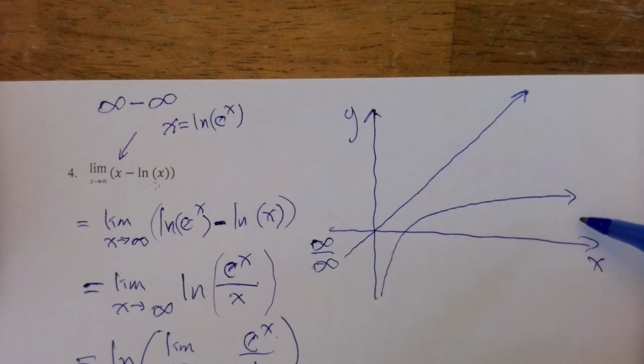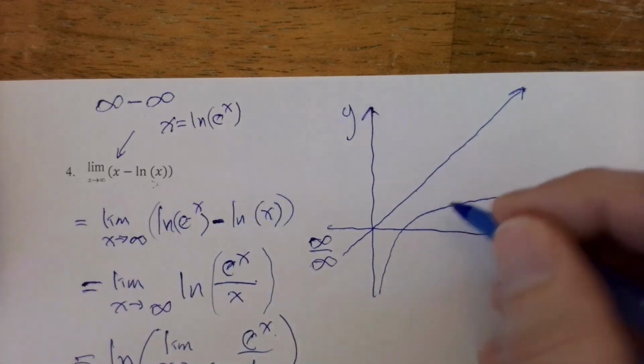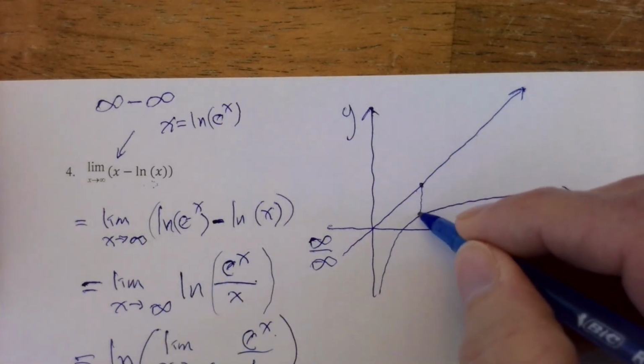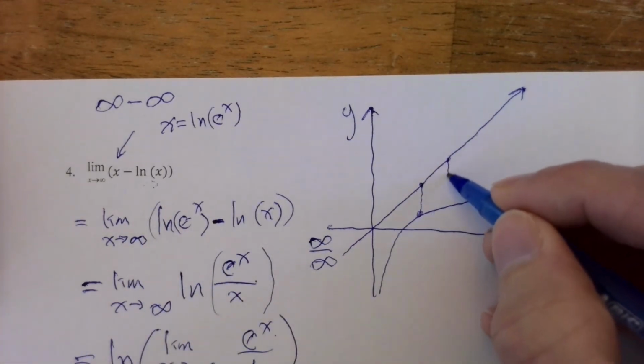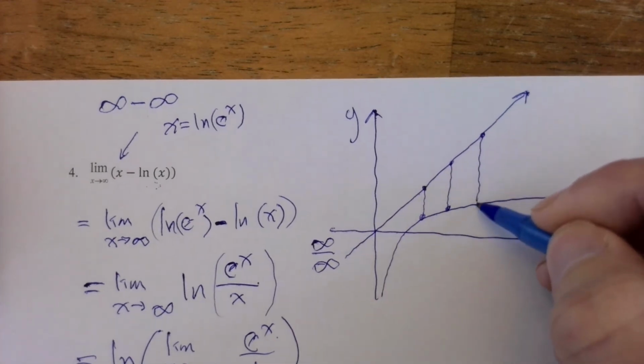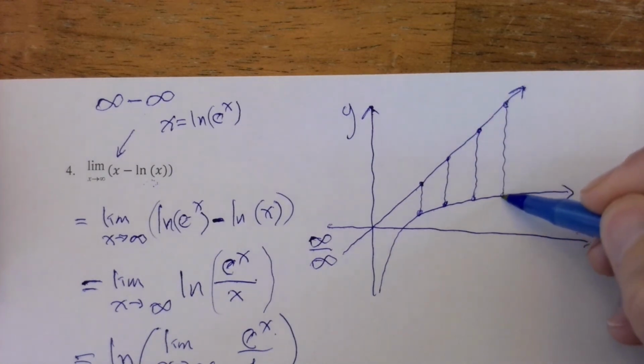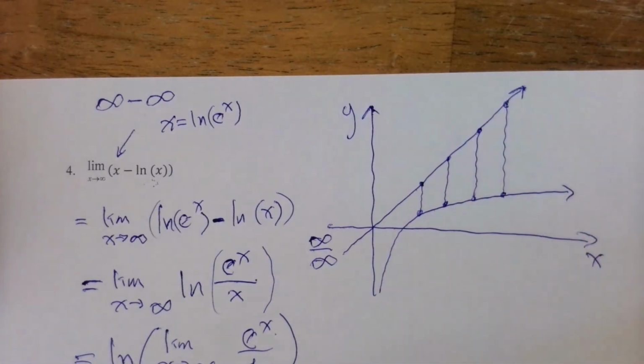You can make the argument. It just gets there more slowly, and that's kind of the point. So this x minus natural log x thing that you see over here is quite literally the difference between these two curves, the vertical distance. And that's growing. What we just discovered is it is growing without bound. So that difference goes to infinity.